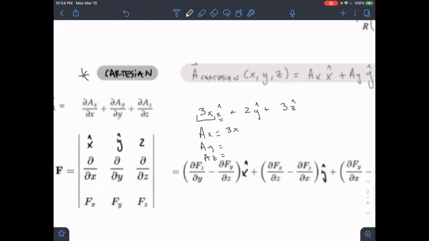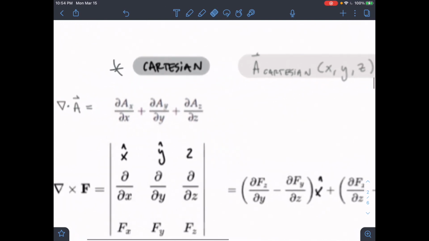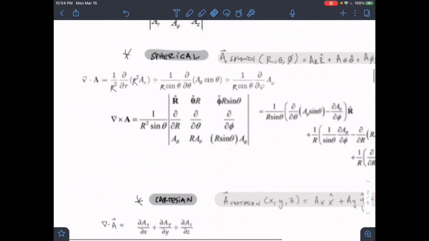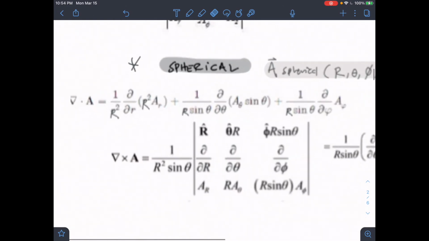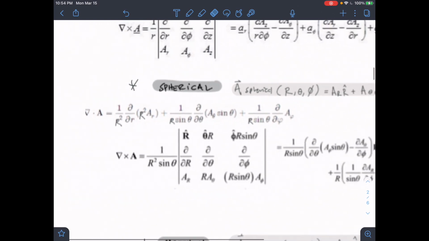So 3x, 2, and 3 in this case. Same thing goes for cylindrical and for spherical coordinate systems. This is just a subscript that means the magnitude in the x hat, y hat, or z hat direction. Same thing for these, but the expressions get a little bit more complicated.